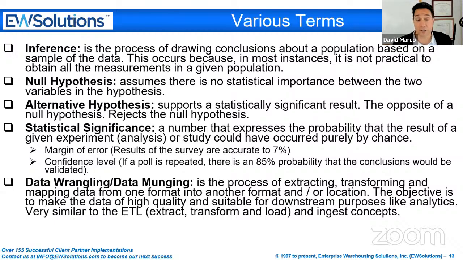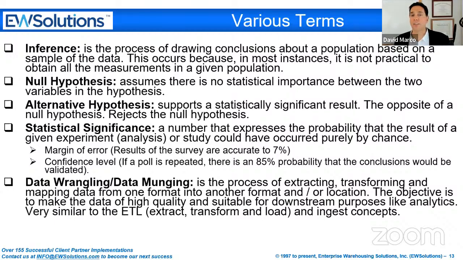Do we need to survey 100 million people? Heck no. How about 1,000 or 2,000? We're using a sample, and whatever conclusions we come up with from that sample, that's our inference. We're assuming that sample is representative of the whole, and whatever conclusions we find, we will infer that they are applicable to the entire set.